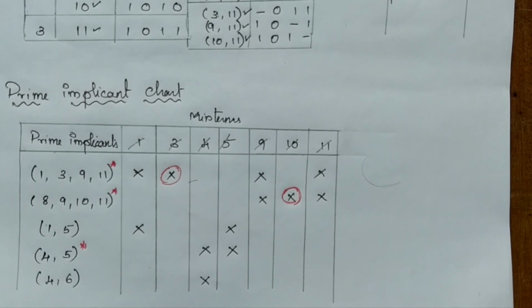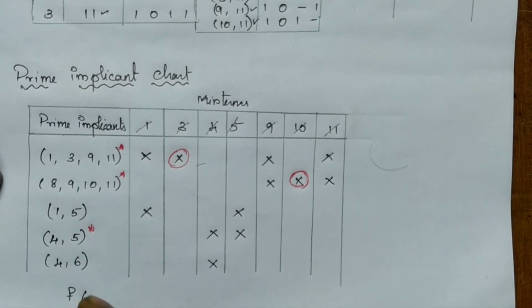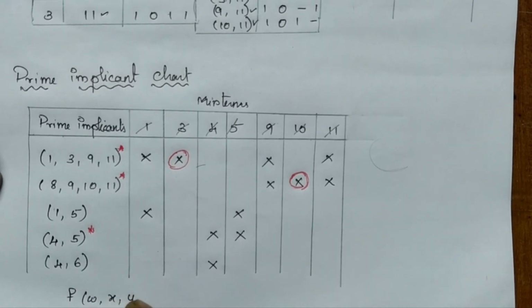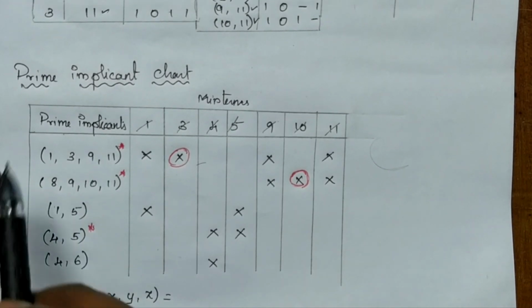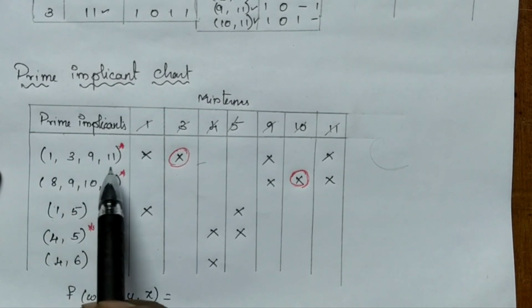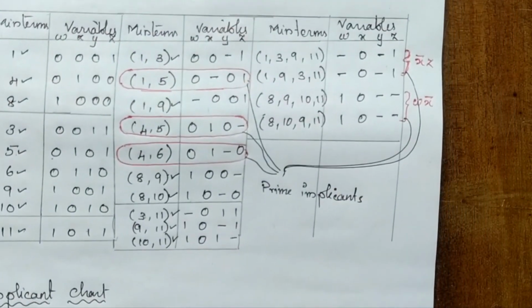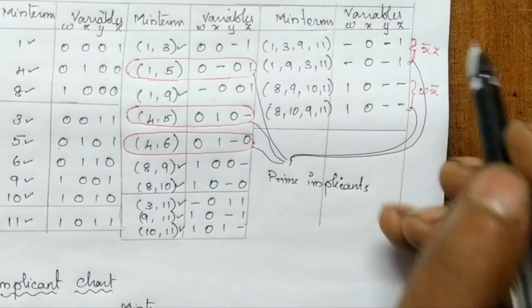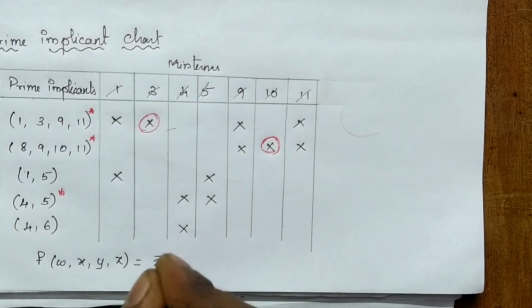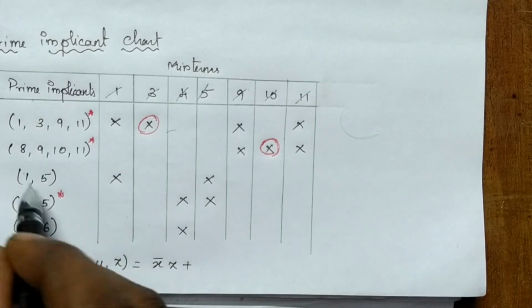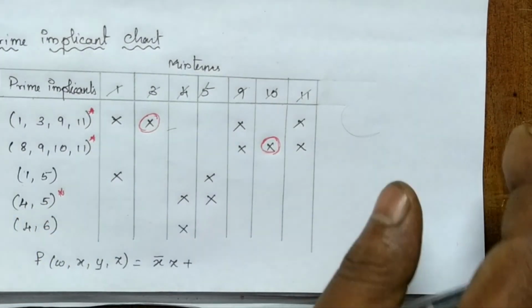Therefore, the final result is f of w x y z is equal to, here the first prime implicant is 1, 3, 9, 11. The respective value is x bar z. Therefore, x bar z plus the second prime implicant, 8, 9, 10, 11.